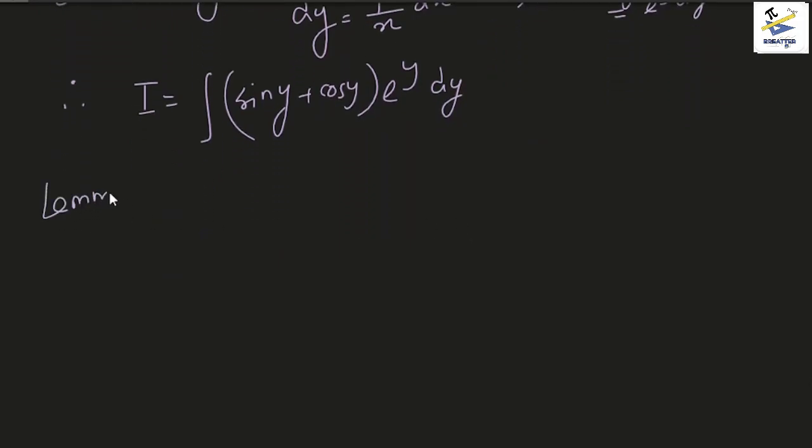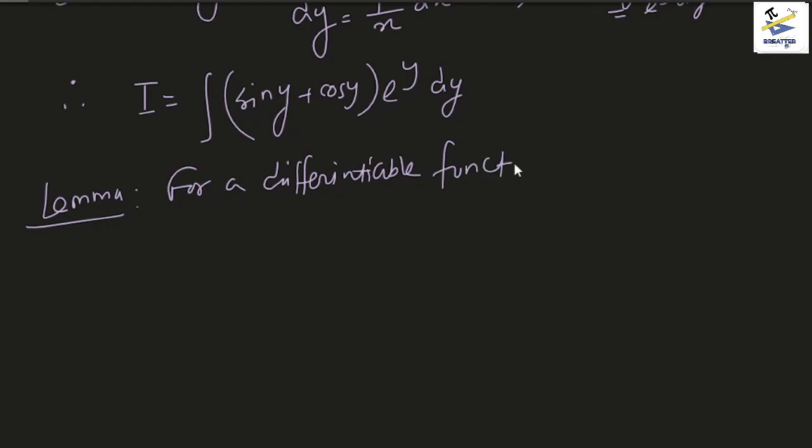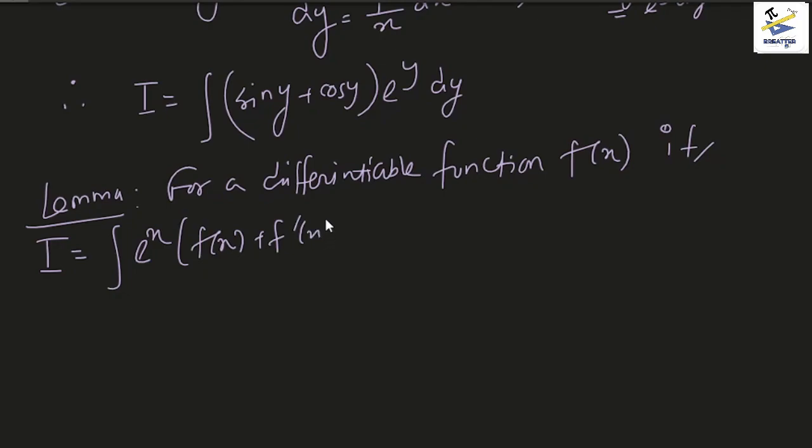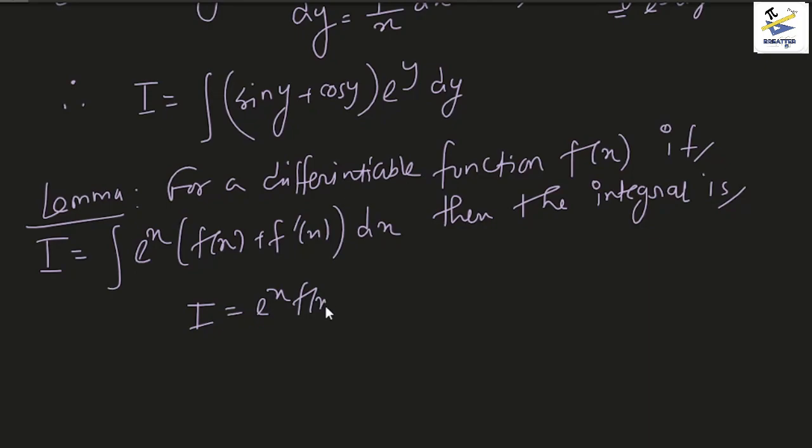So lemma: for a differentiable function f of x, if I is equal to the integral of e to the power x into (f of x plus f dash x) dx, then the integral is I equals e to the power x into f x plus c.